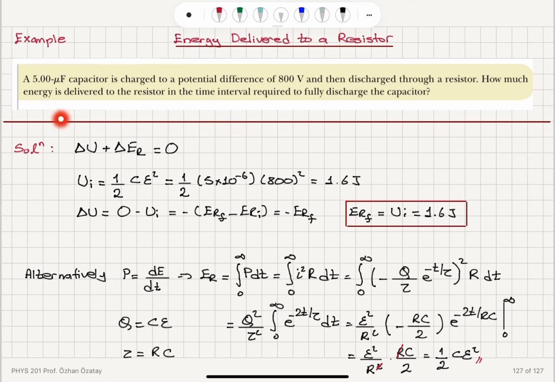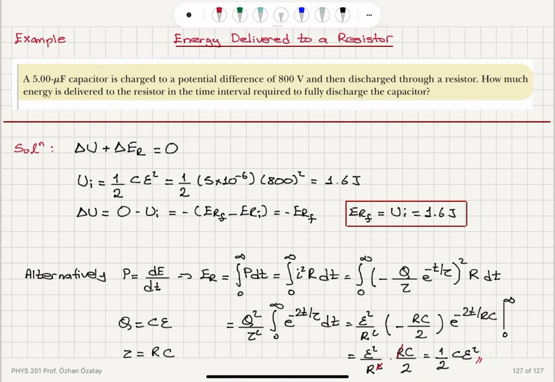How much is the energy that is being delivered to the resistor? Well, it's the initial potential energy stored in the capacitor. We see that the final heating of the resistor, the amount of energy transferred to the resistor, is U initial, which is 1.6 joules, because it is equal to 1/2 C epsilon squared.